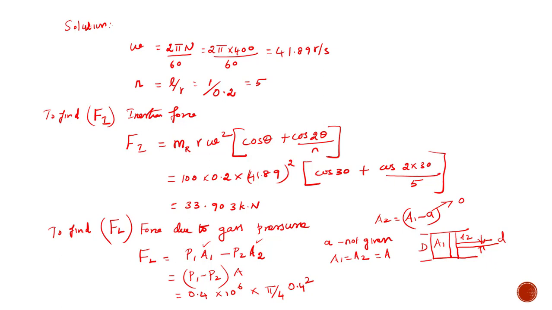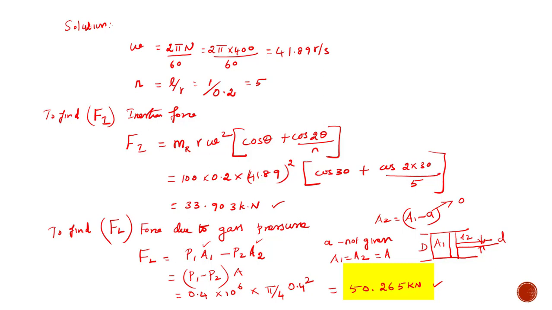By substituting these values, we can find out exactly the load which is acting on the piston due to gas pressure. It is equal to 50.265 kilonewton. So now we have calculated the exact value of inertia force and the value of load acting on the piston due to gas pressure.